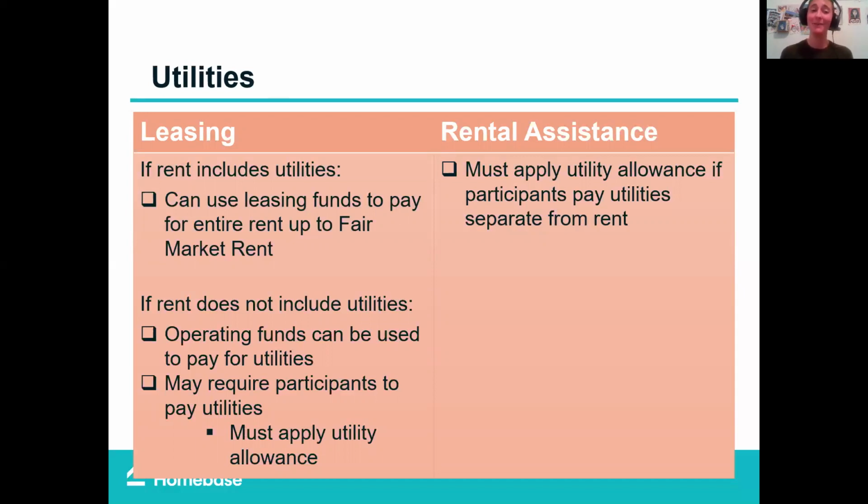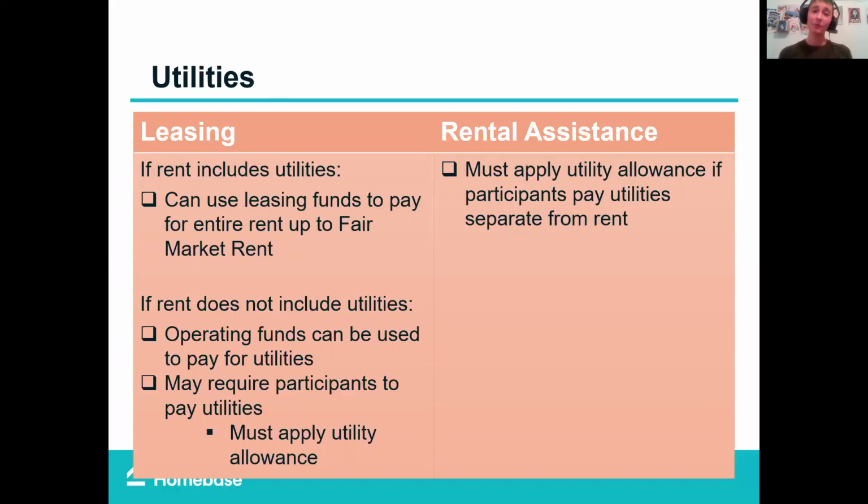If your lease does not include utilities, you can't use your leasing funds to cover the cost of utilities, but if you have an operating line item, you can use your operating funds to pay for utilities. So again, this is a place where HUD is just putting those eligible costs somewhere else. You do have the option when you apply for a grant to ask for that operating line item.